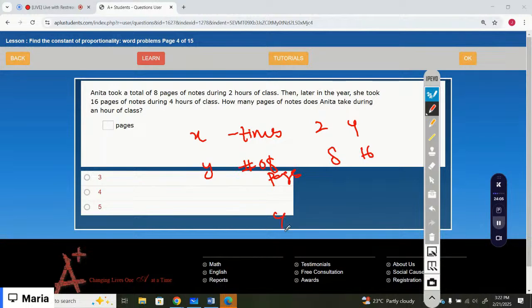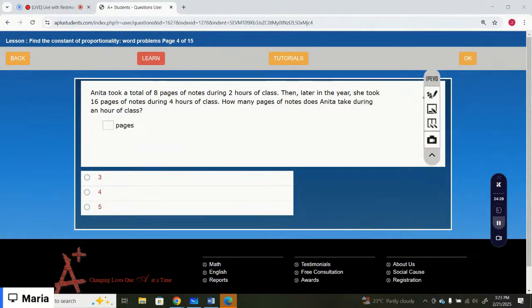You need to calculate the Y by X. That means Anita takes 4 pages of notes when taking 1 hour of class. The correct option is 4.